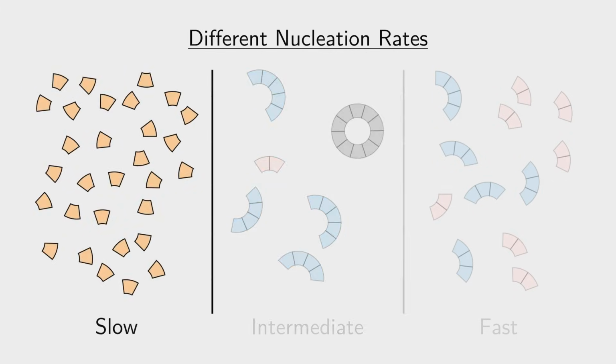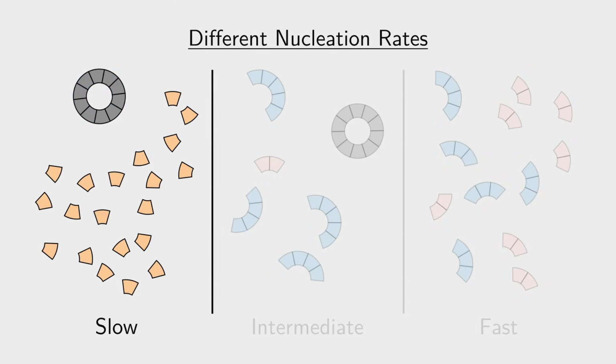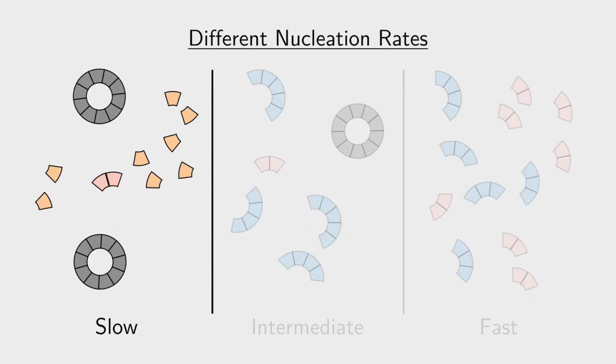Lastly, for slow nucleation, a single nucleation event is followed by a series of growth events, finishing the started structure. Then another slow nucleation event is necessary, which triggers another growth cascade. Finally, all subunits are incorporated into finished target structures.